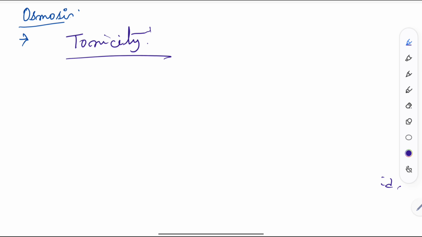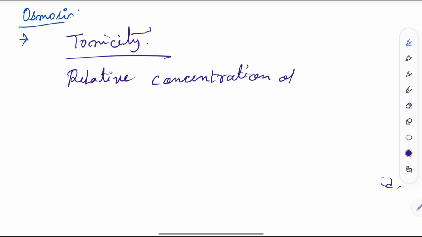Tonicity is the relative concentration of two solutions, right? Which will determine the direction of movement. Which will determine what? The direction of movement.